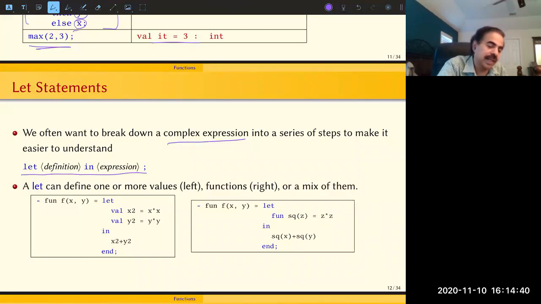So for instance, you can say fun f of x comma y is, I'm going to define 2 intermediate expressions, and then I'm going to say it's x2 plus y2, right?